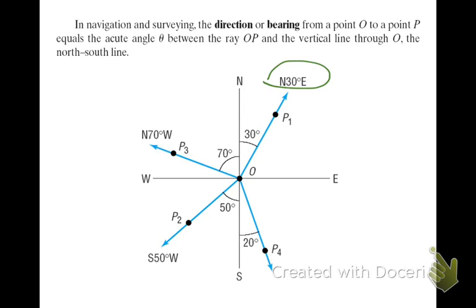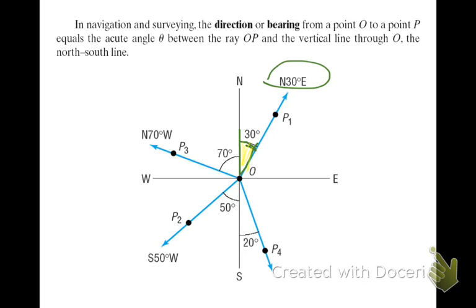You'd go off to the right 30 degrees, and you would draw a ray right there. So this would be the 30 degrees off of your north line in the direction of east. And that would form this angle right here.